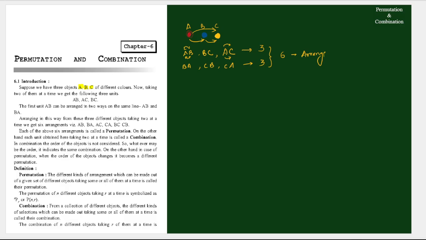So now these six arrangements, this is your permutation. So permutation is nothing but the different kinds of arrangement which can be made out of a given set of different objects, taking some or all of them.